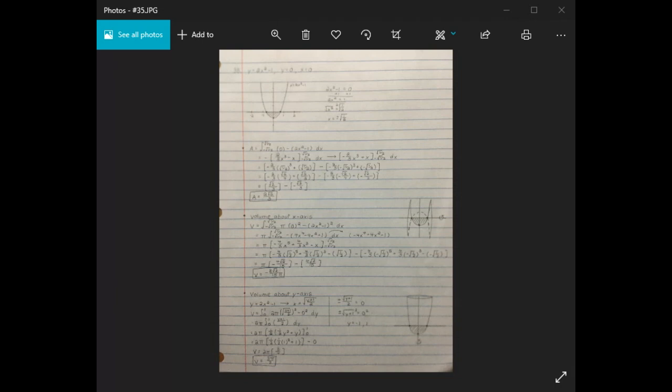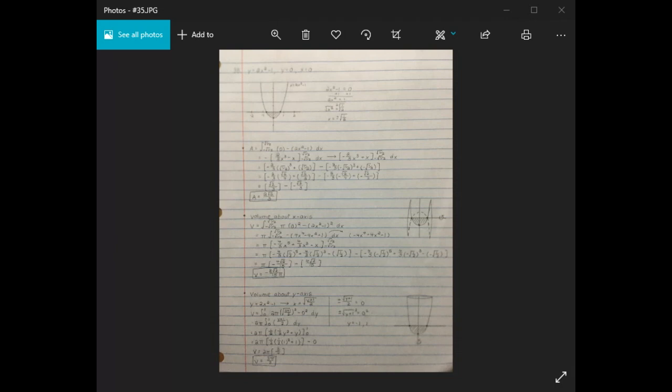So for the volume about the x-axis, I used the same x values, negative square root of 1/2 and square root of 1/2. And the radius would be 0 and 0 squared minus (2x squared minus 1) squared.